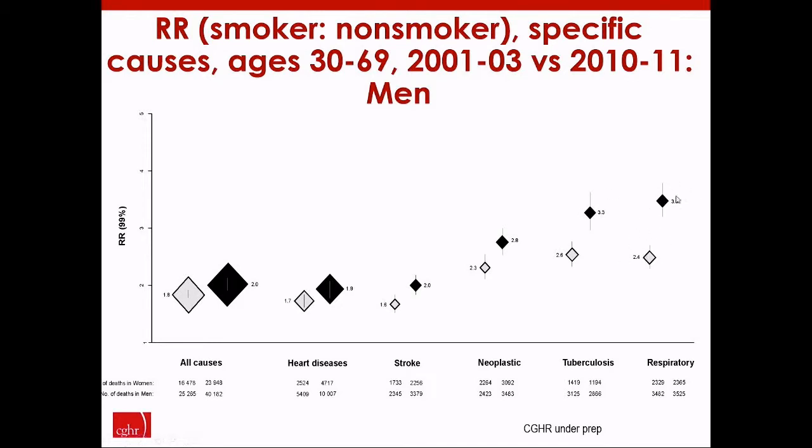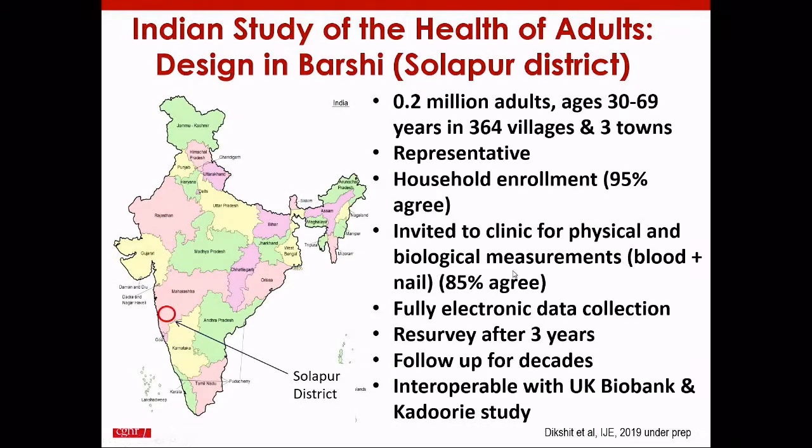Black represents the more recent follow-up, and white the earlier follow-up. And here you see the risks for most conditions have become more extreme over time. So to understand these carefully, the observational epidemiology I've described has limits and requires careful prospective studies that do include blood to be collected.